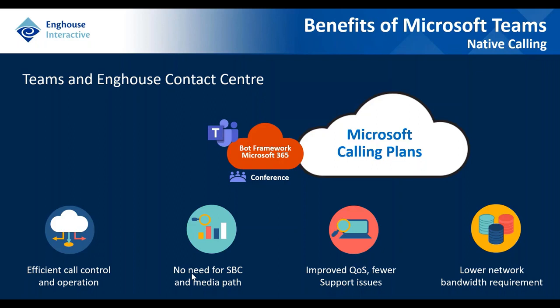The final benefit I really want to call out here is if you're a business who is already using or wishes to use your Microsoft calling plans via PSTN, then moving to native integration for calling allows you to do this for your contact center as well as the rest of your business, something you were unable to do when using SIP.